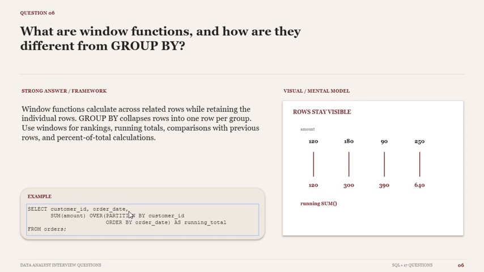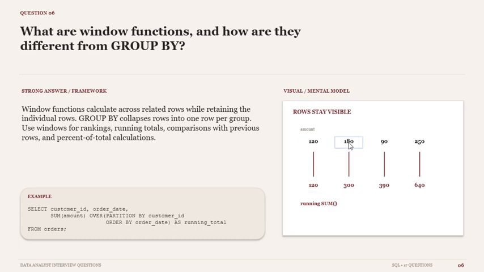So for example, here I say sum of amount over partition by customer ID, order by order date. Consider if I want, depending upon the customer ID, the sum of amount. Now here each and every row will stay visible.